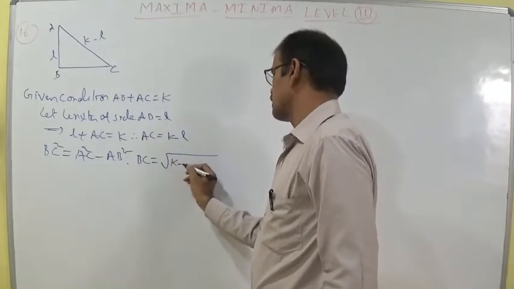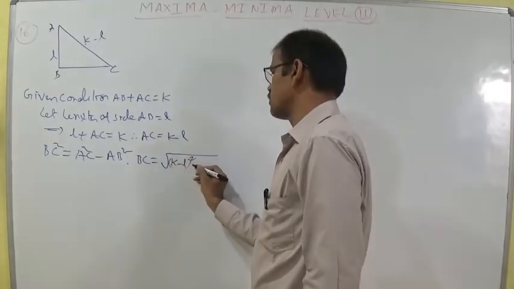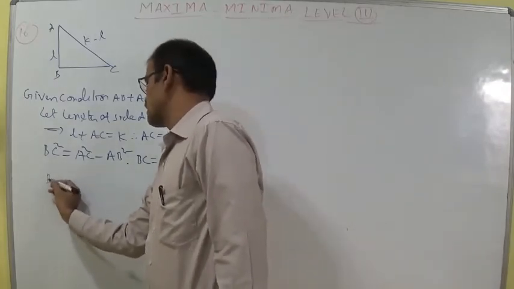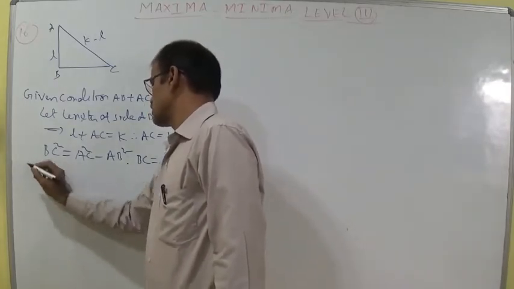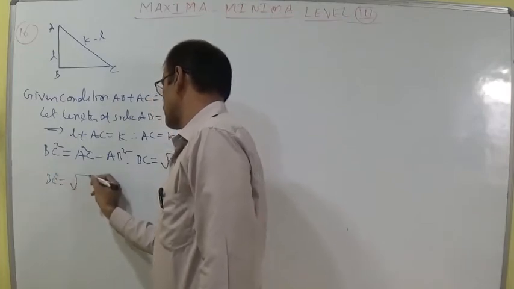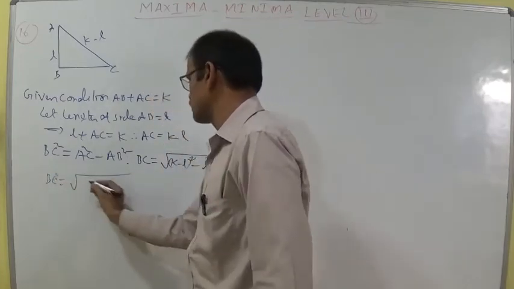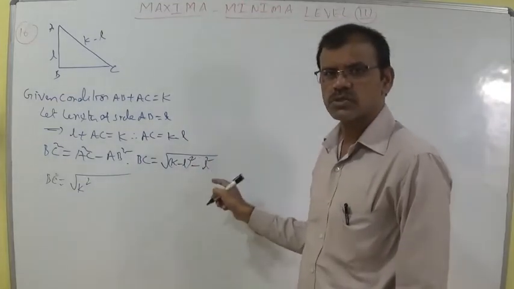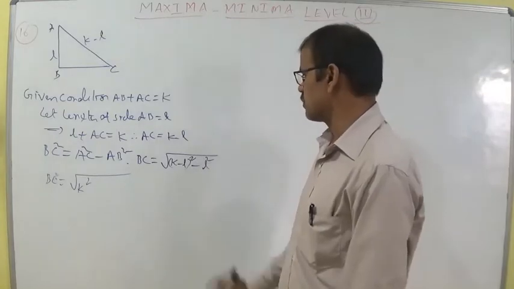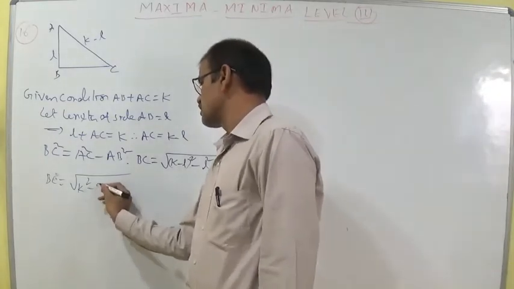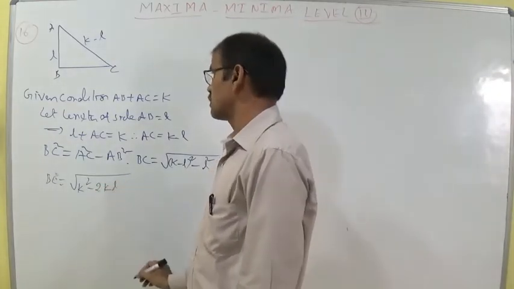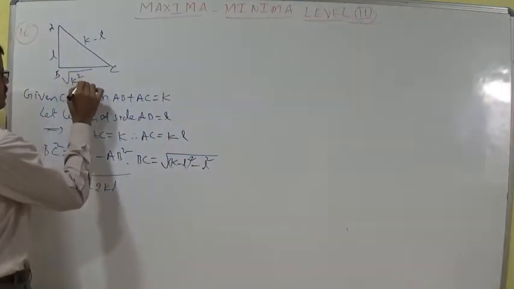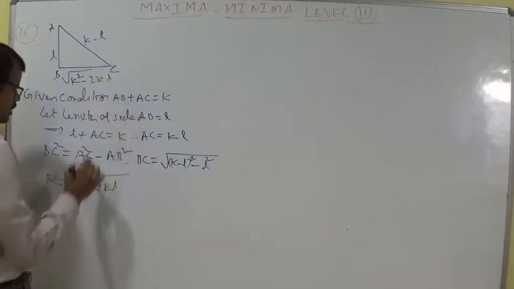AC means K minus L whole square, minus AB means L square. By expanding, we get K square minus 2KL plus L square minus L square. L square minus L square gets cancelled. So BC is equal to the square root of K square minus 2KL.